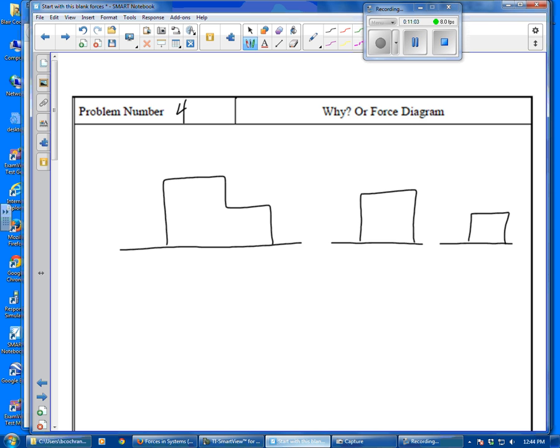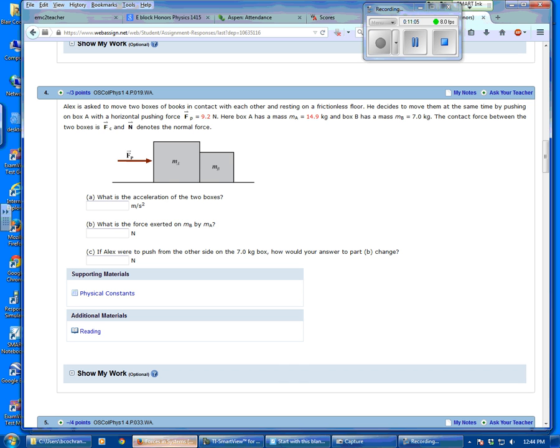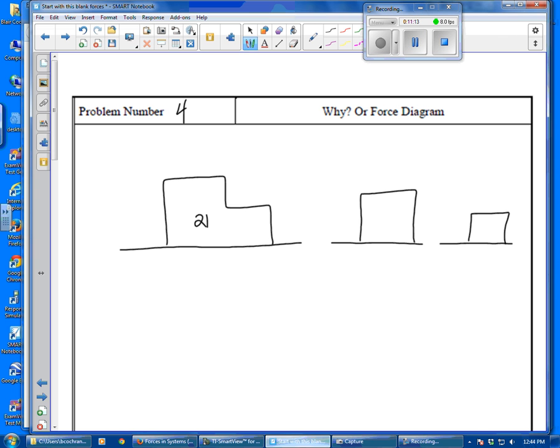And let's see, I think I'll write my masses right in them. The system has a mass of 21.9 for mine. This one is 7. And this is 14.9.